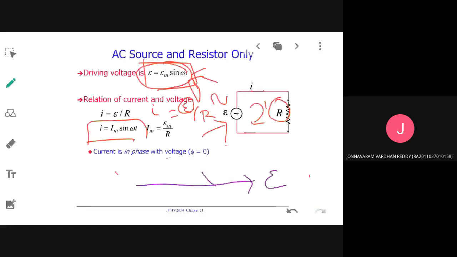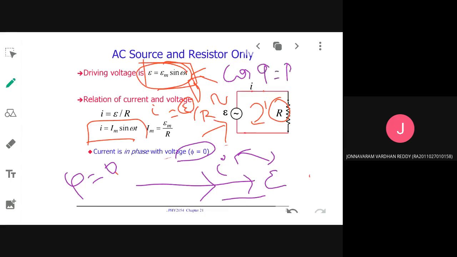Both these quantities are in phase, so the phase angle difference between them is 0. The cosine of the phase angle is equal to power factor, which is cos 0. So what is cos 0? 1.